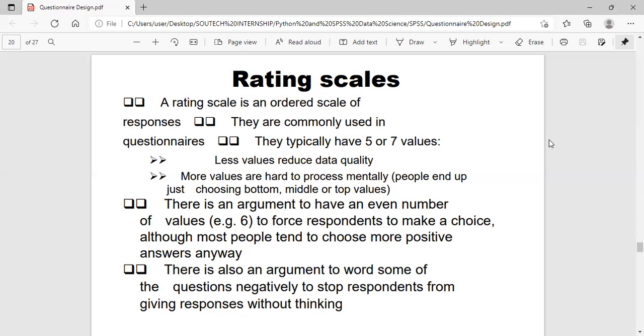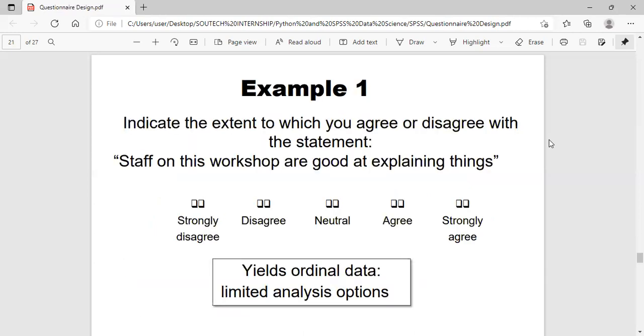Okay. So next we have examples. For example, example 1 of a rating scale that has 5 values. Indicate the extent to which you agree or disagree with the statement.